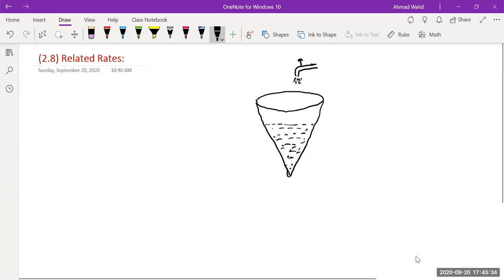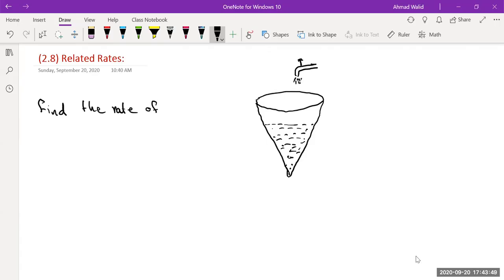Our goal with related rates here is to find the rate of change of volume of water with respect to time.